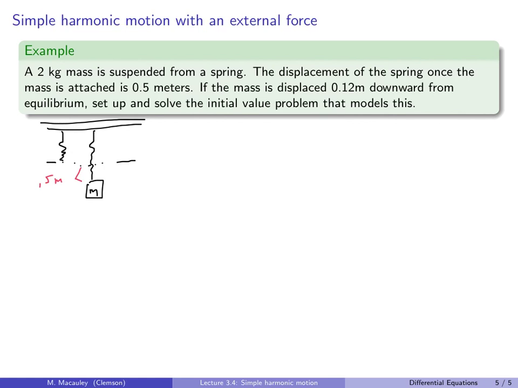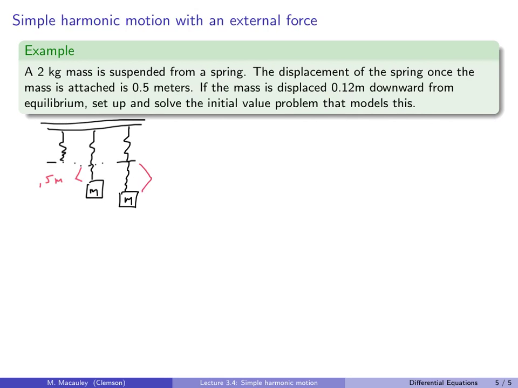And then the equilibrium position is right here. From here, the mass is displaced 0.12 meters downward from this equilibrium. So we pull this even further down. In other words, we take this mass spring system and we pull it down a little bit more.